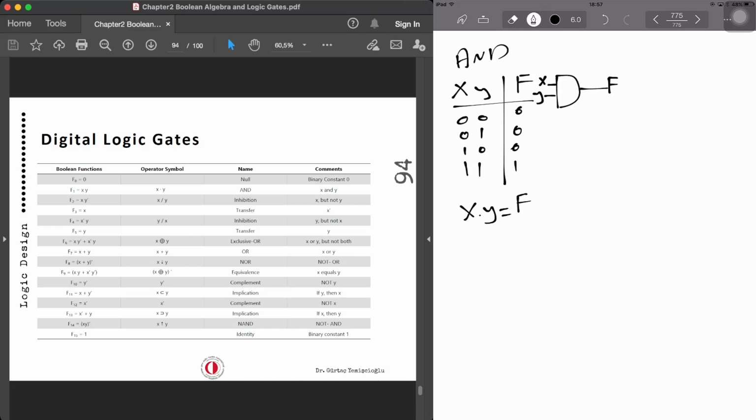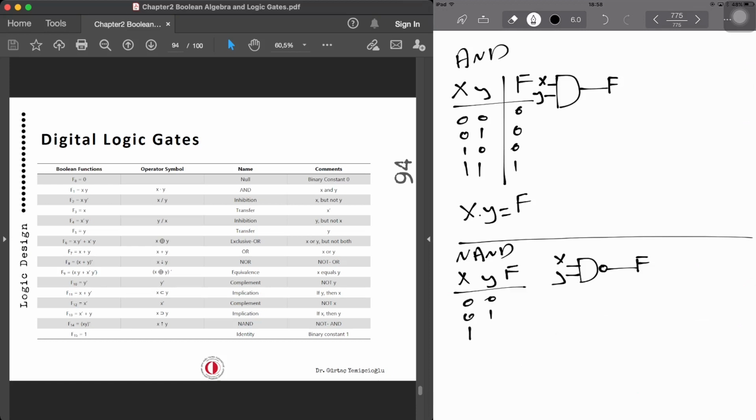Now, what we can do is add an inverter in front of it. I'll draw the symbol first. This becomes a new gate, which we call NOT AND, or NAND. In this case, it's just the opposite of AND.